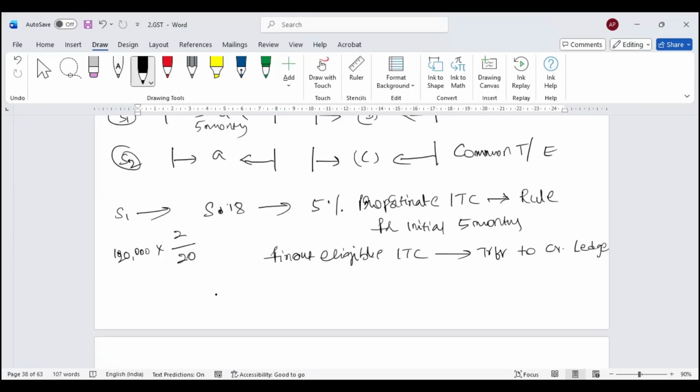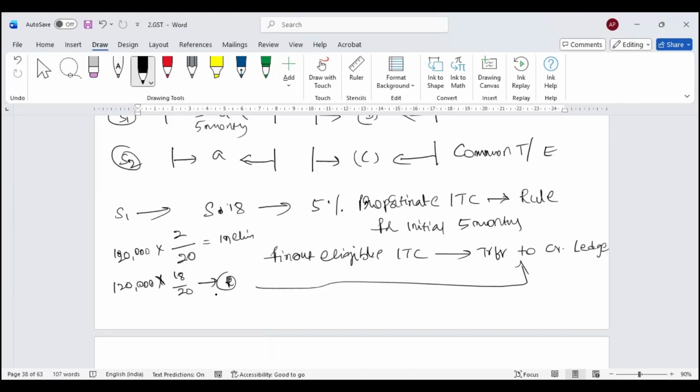I use 2 quarters for exempted. Whatever result is there, that is ineligible. Now to get eligible, what I'll do, 1,20,000 into 18 divided by 20. The result of this, I'll transfer to electronic credit ledger.